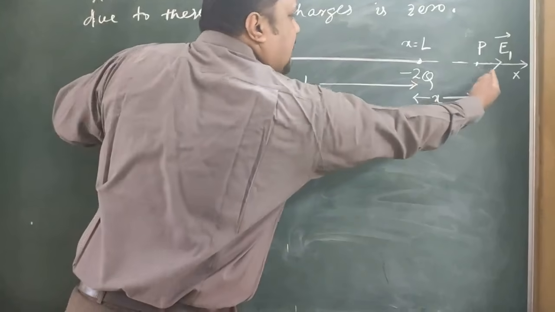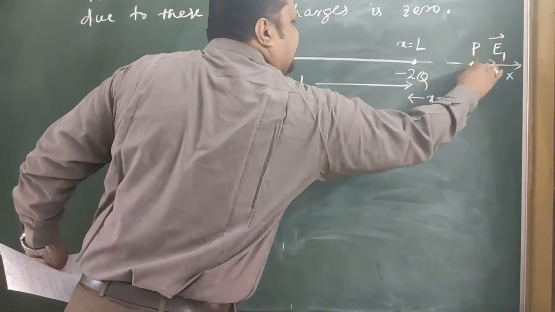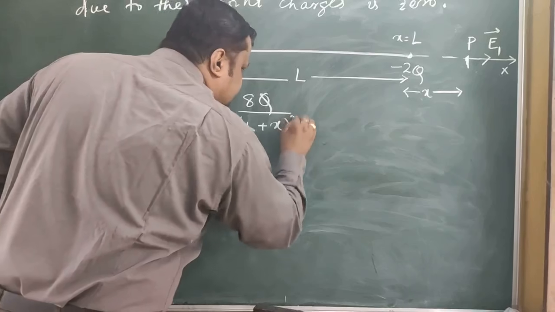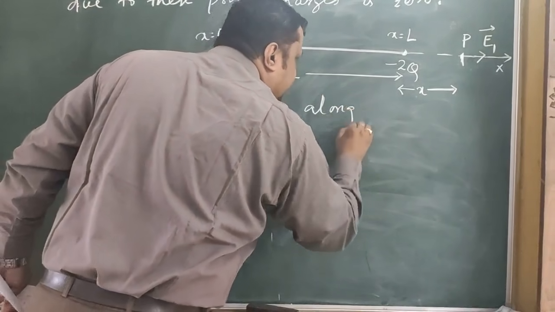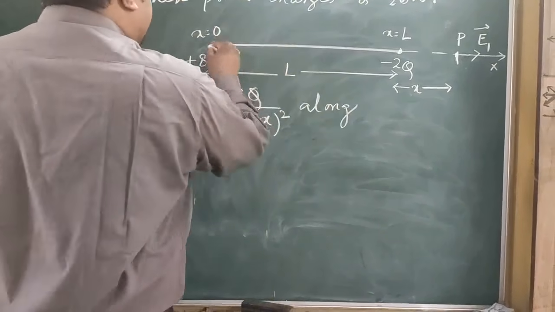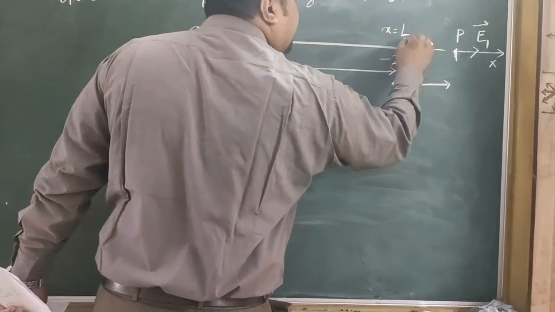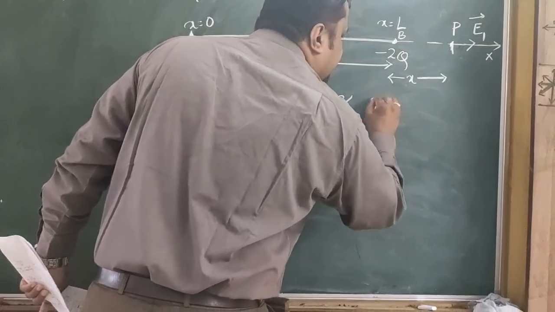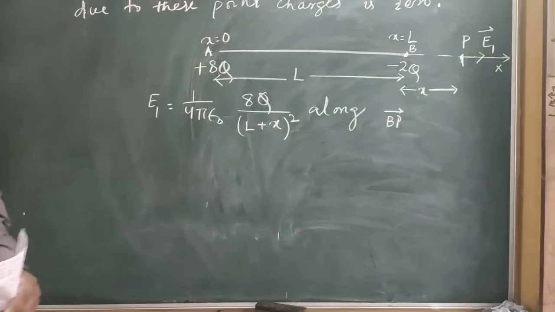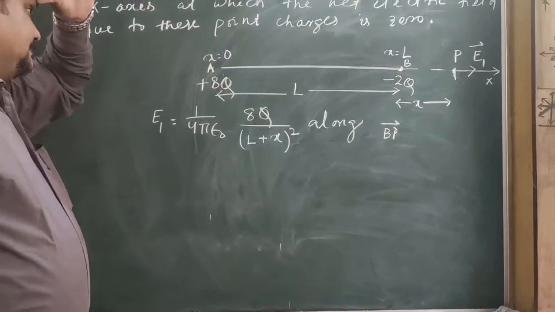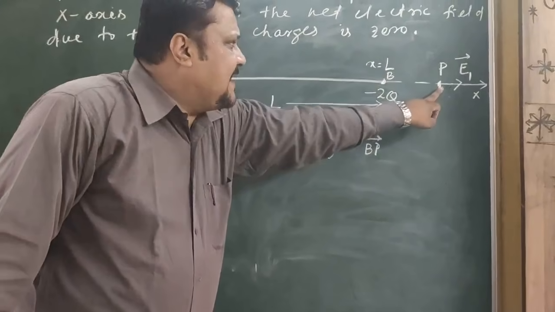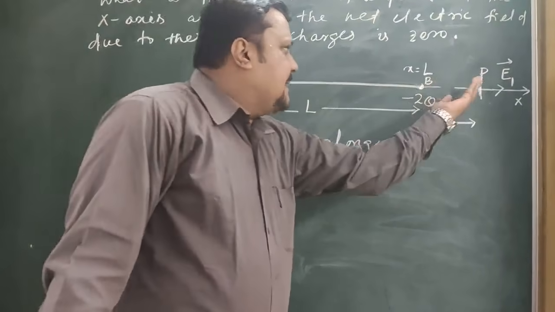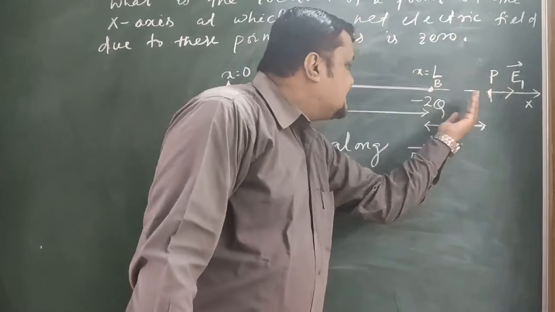It is L plus x, as the point P is here. So L plus x whole square, along A to P. Because of charge minus 2Q, what is the electric field at P? E2. What is this direction? Because of minus 2Q, the electric field is toward the charge minus 2Q.